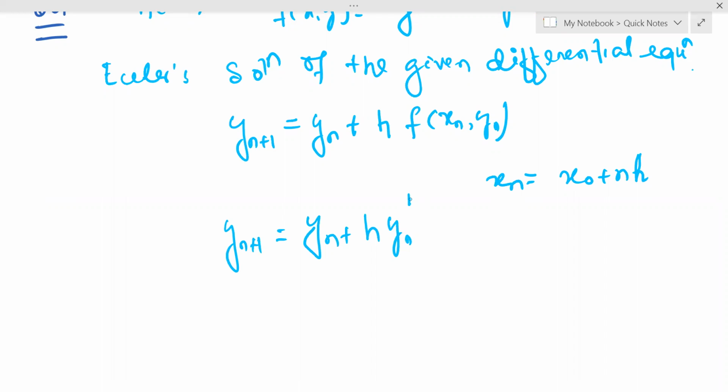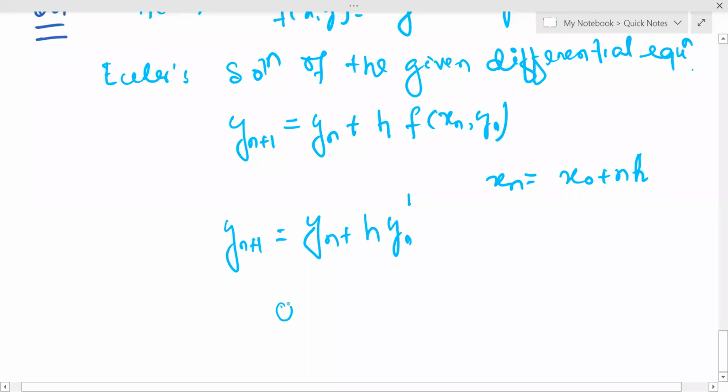Denoting the exact solution of the given differential equation at x is equal to xn, we choose a point x is equal to xn. And just denote that function y of x, that is y of xn.